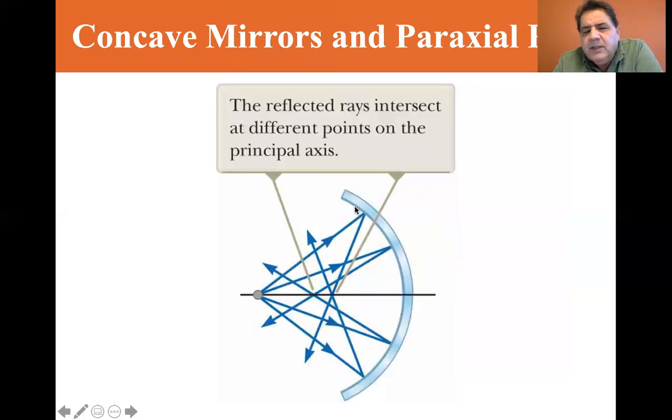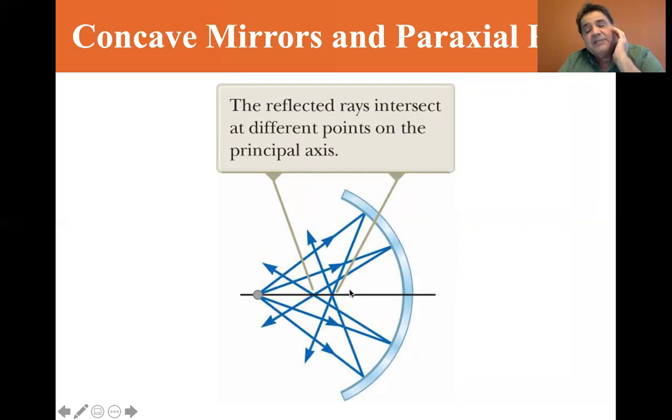Okay, now these are for paraxial rays, rays of small angles. The reflected rays intersect at different points on the principal axis. So you can see for the small angle, they reflect right here at the focal point.